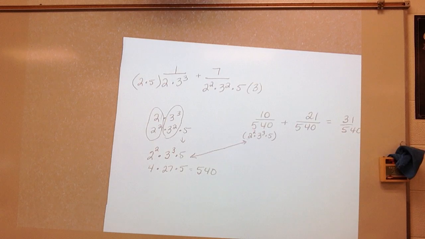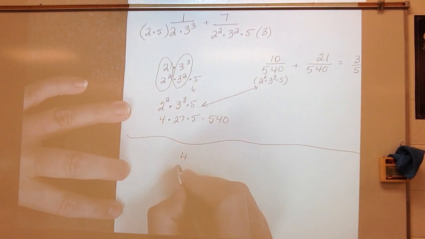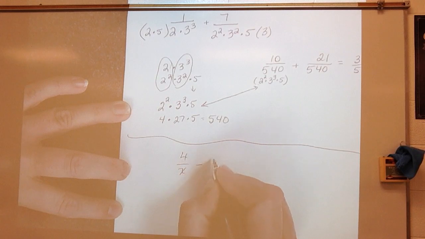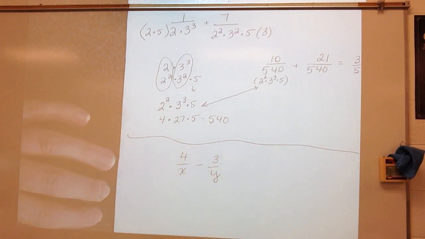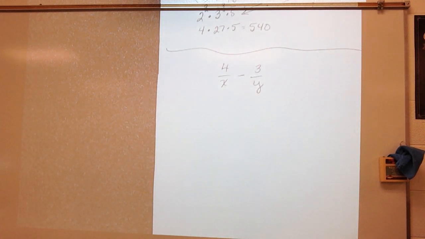Alright, once we understand how to add and subtract numerical fractions, you can add and subtract algebraic fractions using the same exact technique. So let's look at that really quickly. So let's say that I have 4 over x minus 3 over y. And you're going, but how do I figure out the common denominator here?